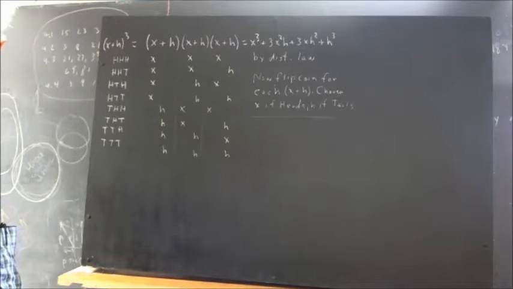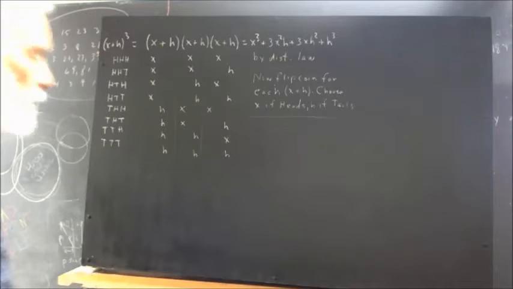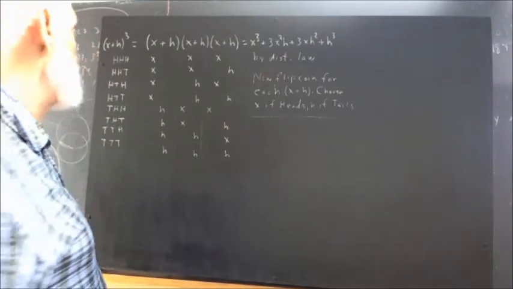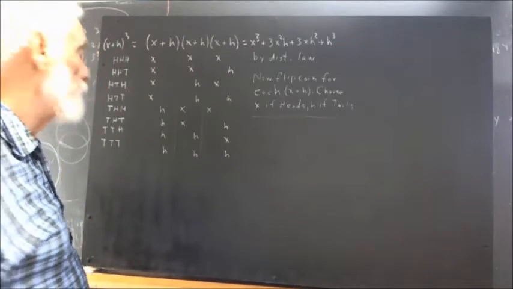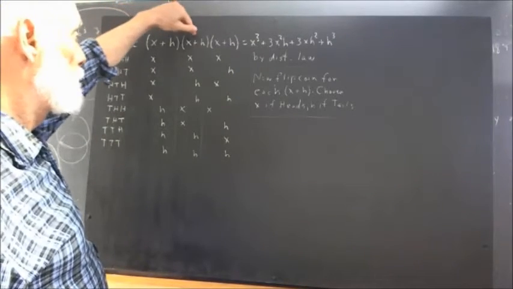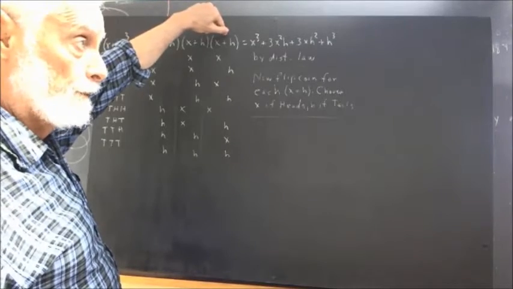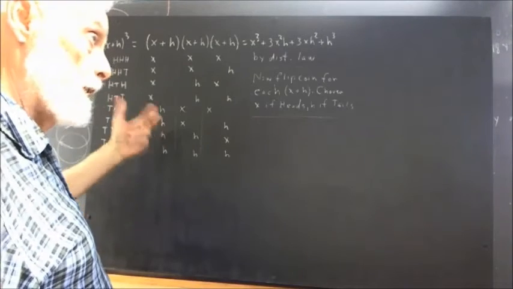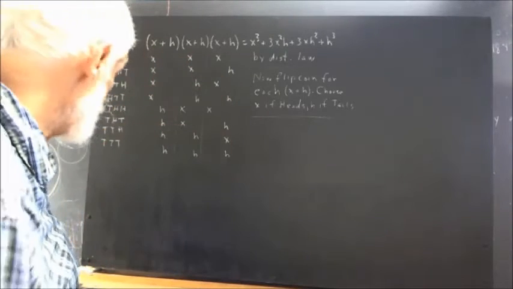So what do we end up with? Well, if you think about how the distributive law plays out here, basically what we're doing is picking either an x or an h from each binomial in each possible way, once for each possible choice.